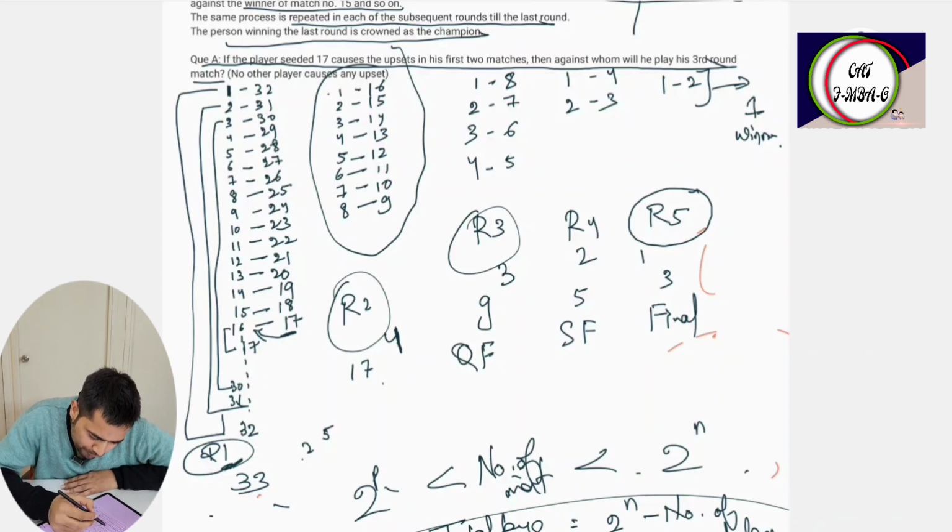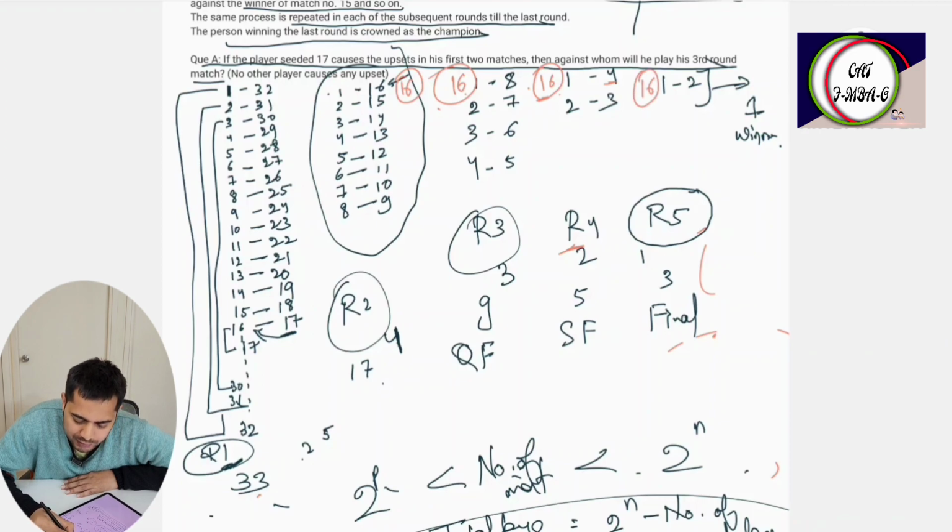So in round 2, the lowest seeded player is 16. So 16 will defeat 1. 16 will come here. Then 16 will defeat 8 in round 3, so instead of 1, again 16 will go. Then 16 will defeat 4, the third upset in round 4, so instead of 1, again 16 will go.